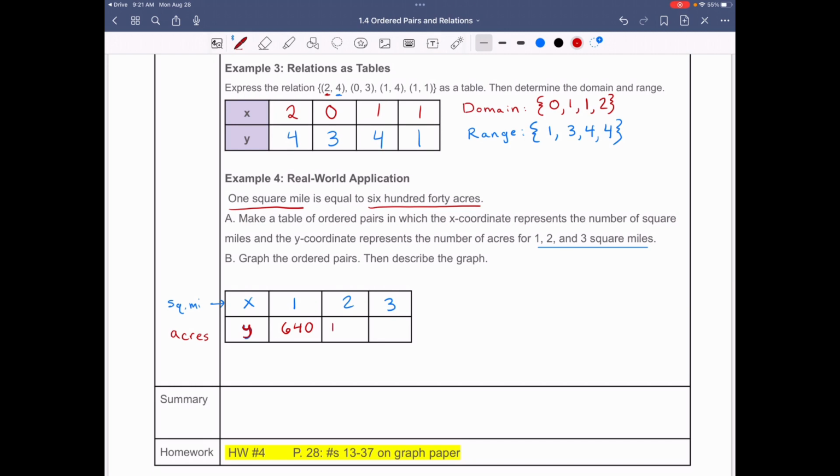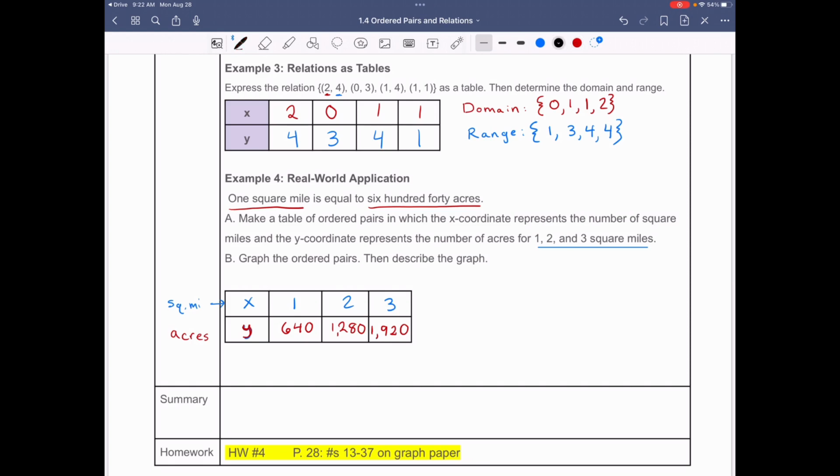I'm going to double that, 1,280, and I'm going to add 640 to that. And I get 1,920. Graph the ordered pairs, then describe the graph.